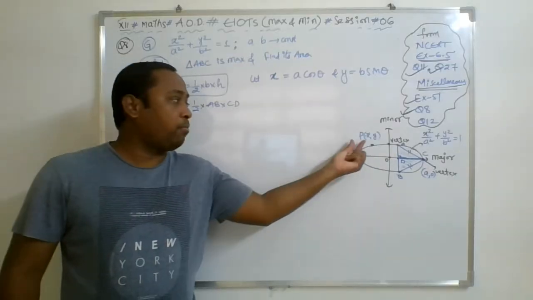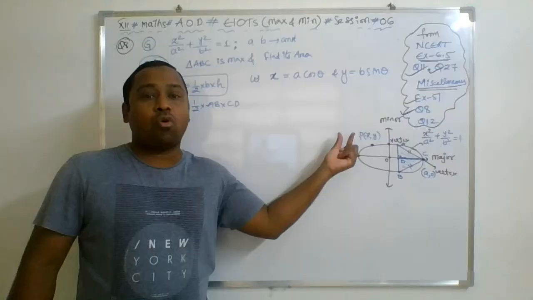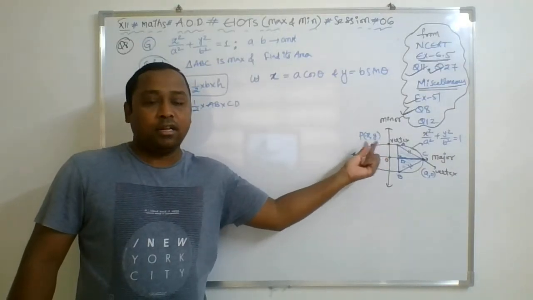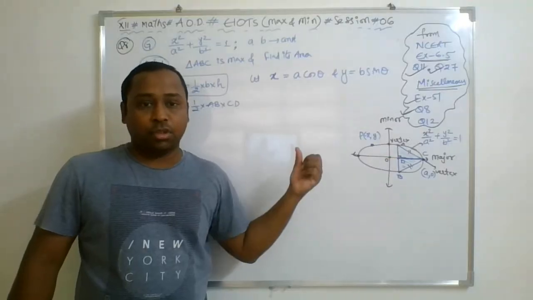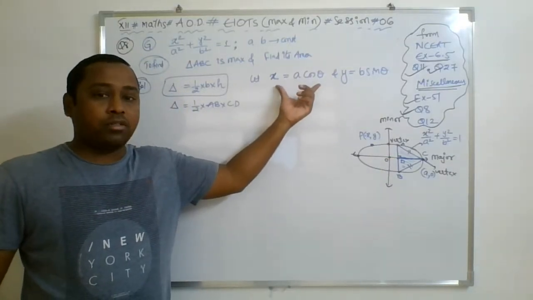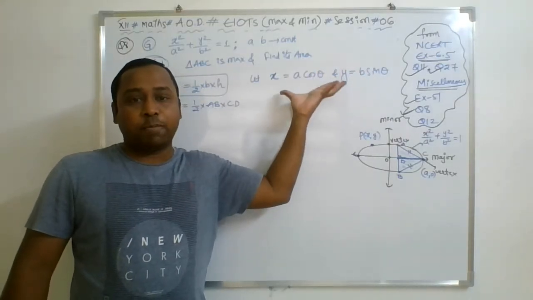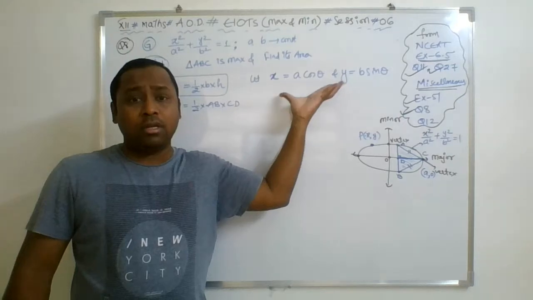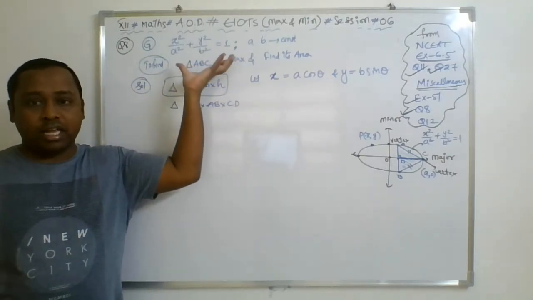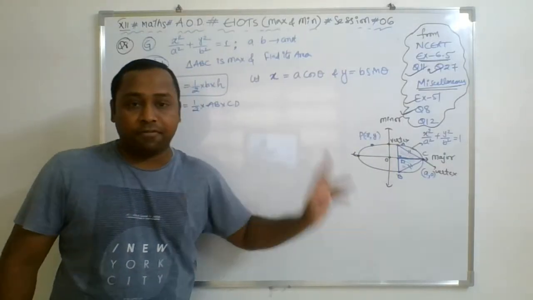So the base component, the x component, represents the cos theta function and the y component represents the sin theta function. In that manner, I have taken x as a cos theta and y as b sin theta, which we call the parametric form of the equation. This parametric form always satisfies the given ellipse, wherever the point is on the graph.